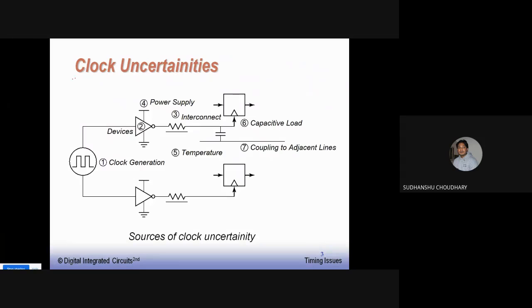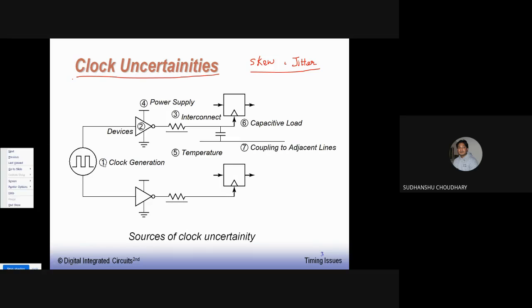Now, when we say clock uncertainties, we obviously mean clock skew, and the other common clock uncertainty is clock jitter. Now, the sources of clock skew and jitter: the first source could be the clock generator itself. Today every chip has its own clock generator, not just one.